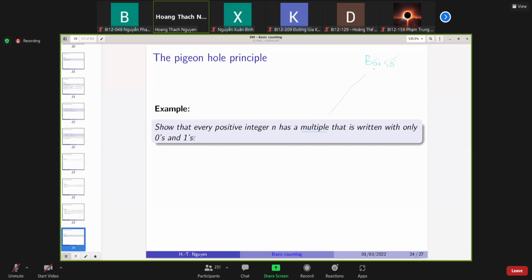So for example, if n is equal to 1, it is trivial. We have 1 is a multiple of 1 itself. In this column we have n.